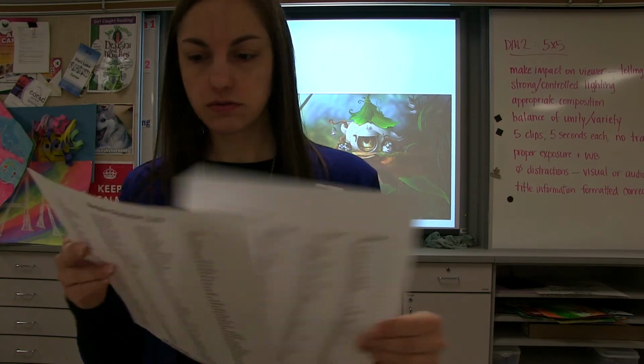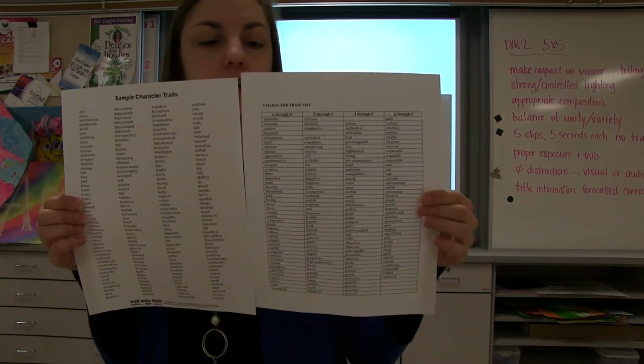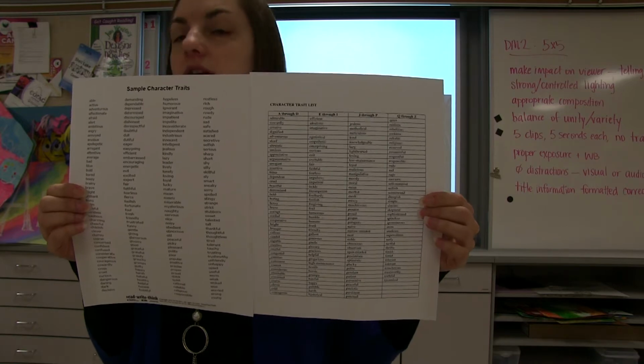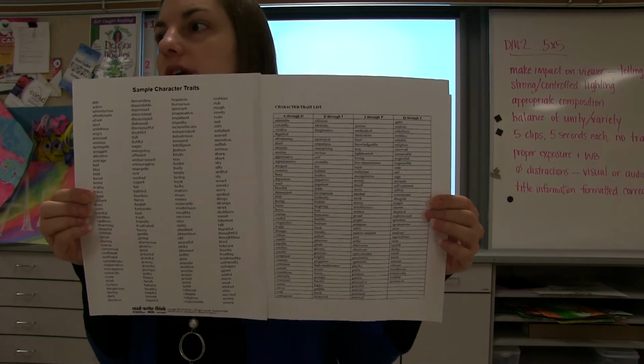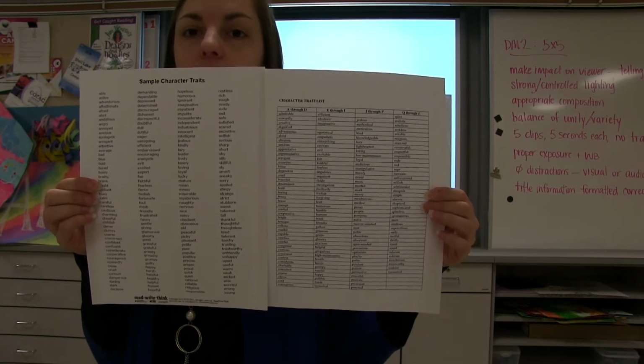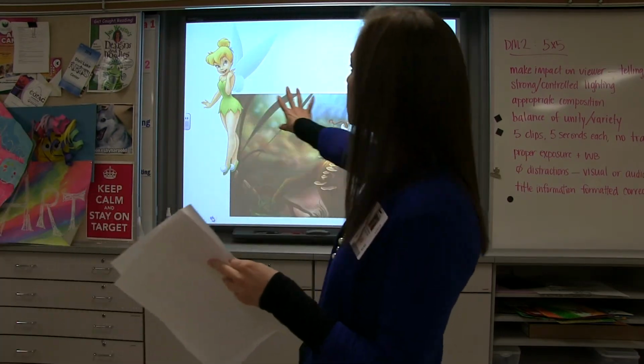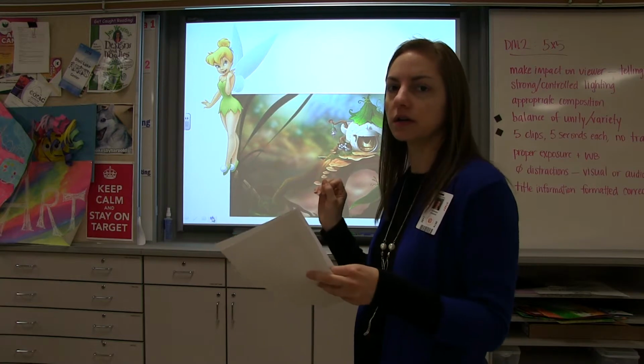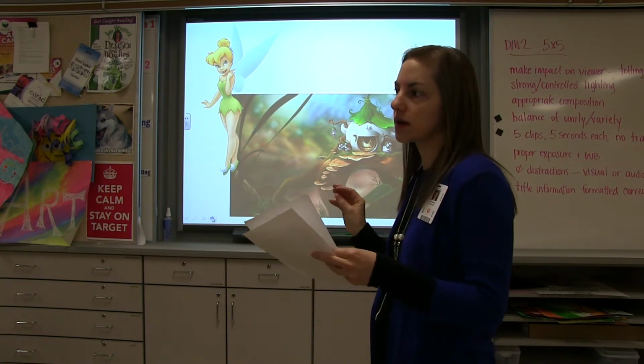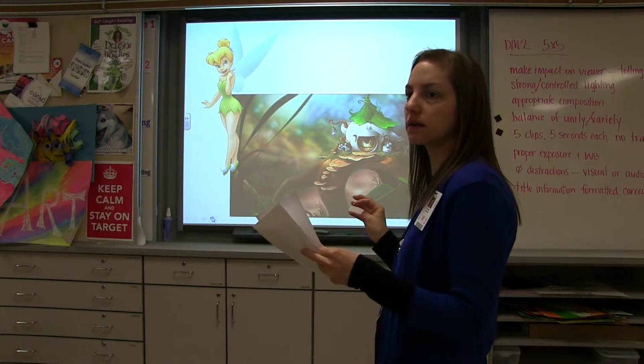These two, though, are just idea lists of single words that are going to help you identify characteristics about those characters, okay? So what might we associate with this Tinkerbell character? How might you describe her personality?